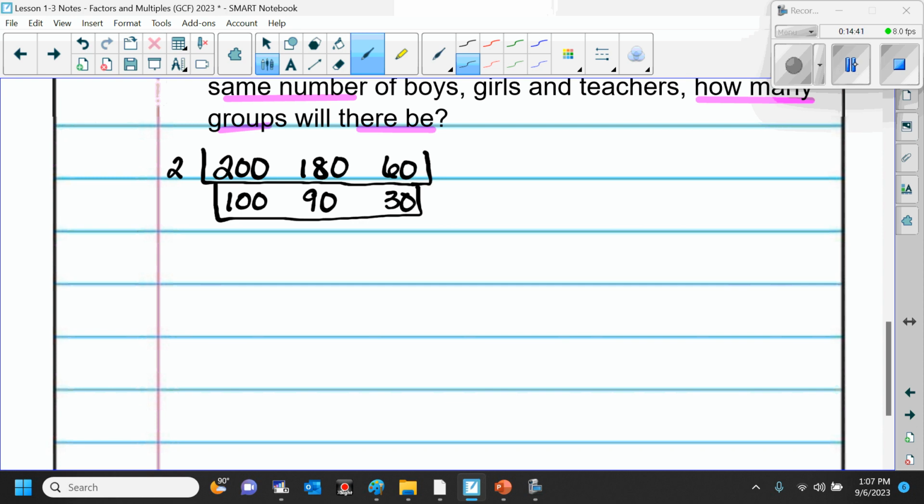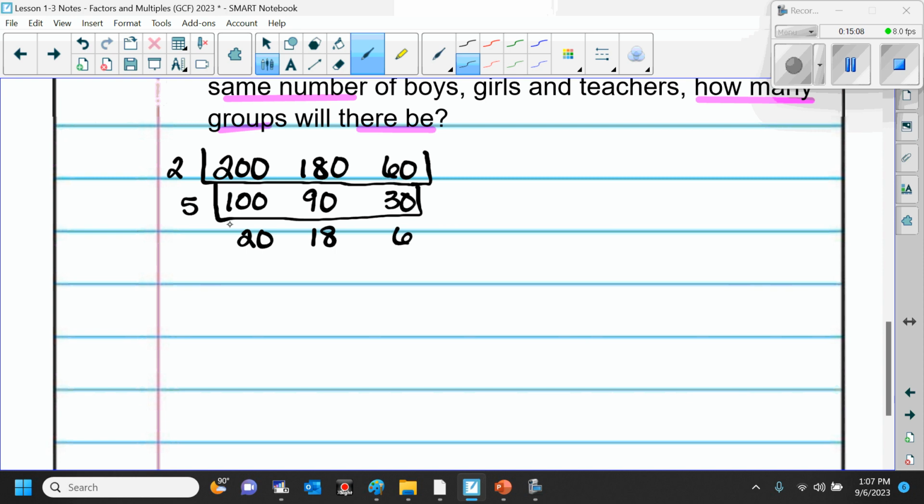Okay, so let's do 5. So 100 divided by 5 is 20. 90 divided by 5 is 18. And you guys don't forget, you are allowed to use your calculator to help you. And 30 divided by 5 is 6.